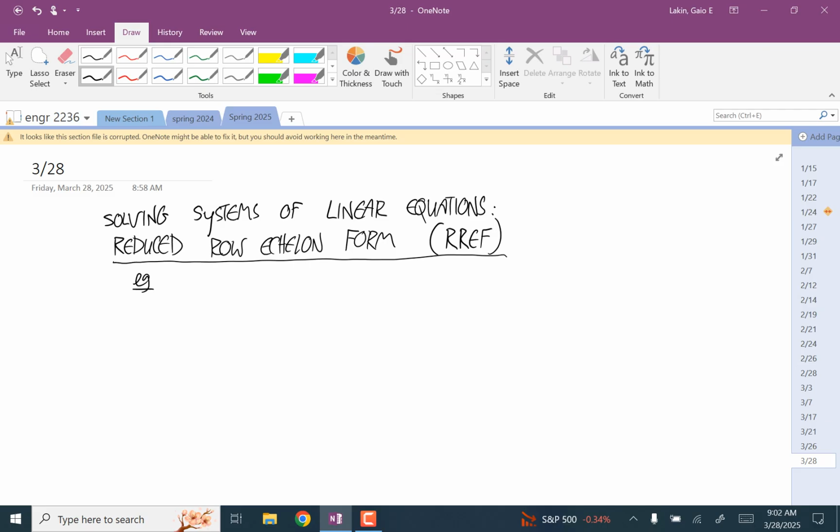So let's say we have a system of 3 equations for 3 variables. Let's say we have negative 2x, I'm just totally making these up, plus y minus 4z is equal to 30. 3x minus 2y minus 20 is equal to 0, and y plus z is equal to 10.